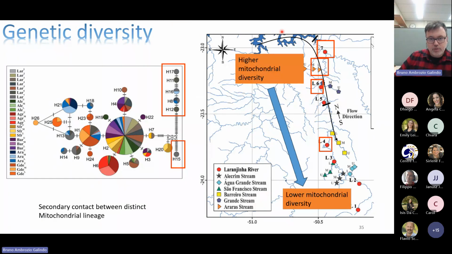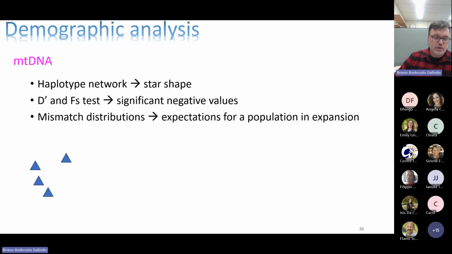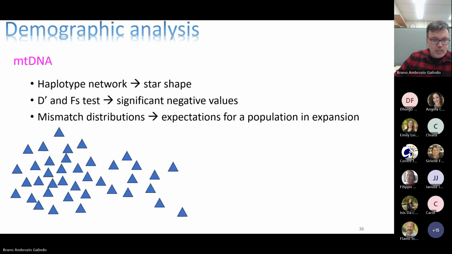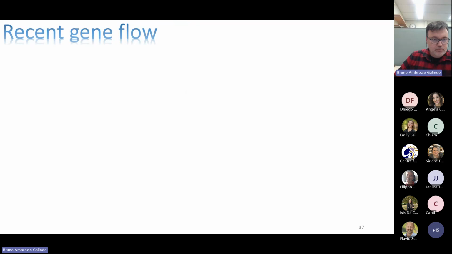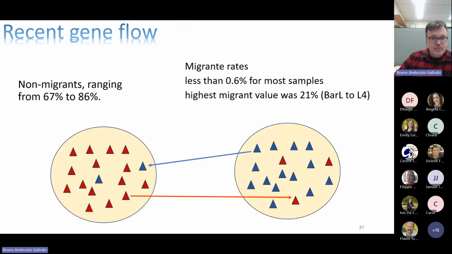So probably our species is expanding its occupational area. We also have some data of recent gene flow, and we found that the main part of the population is composed of non-migrant individuals.